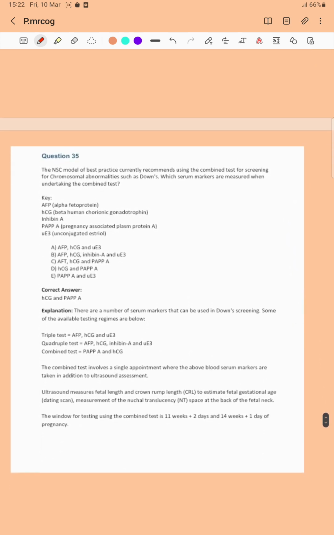Next question. The NHS model of best practice currently recommends using the combined test for the screening of chromosomal abnormalities such as Down syndrome. Which serum markers are measured when undertaking the combined test? So the answer is HCG and PAPP-A, because there are a number of serum markers that can be used in Down syndrome. Some of them are the triple test, quadruple test, and the combined test.